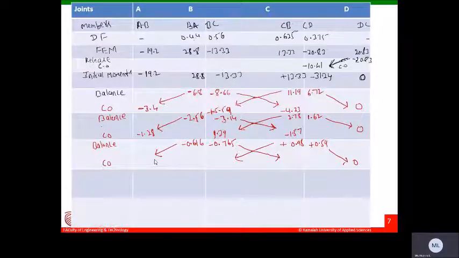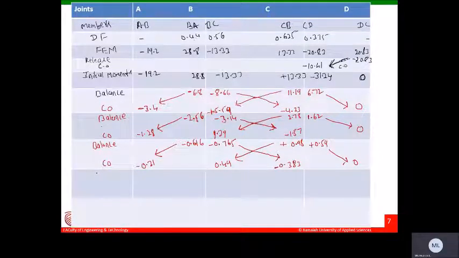Then you will get minus 0.31, 0.49, minus 0.383. Then movement of this will be 0.